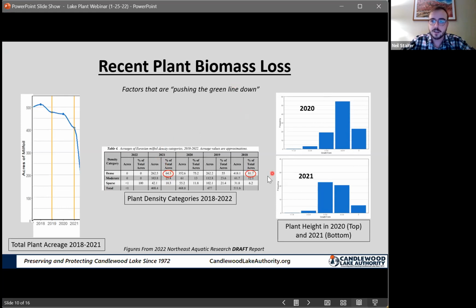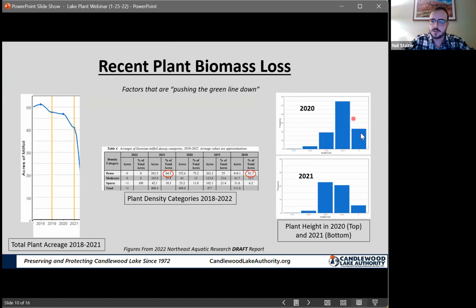And then finally, the last thing I wanted to touch on is plant height. These are graphs of the frequency of different heights of milfoil in the lake. The farther right on this graph, the taller the plant. This far right is all the way to the top, and this far left is basically at the very bottom.